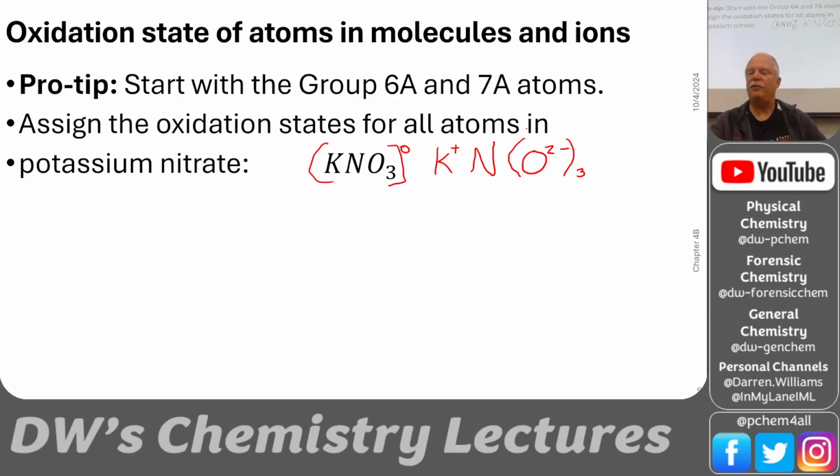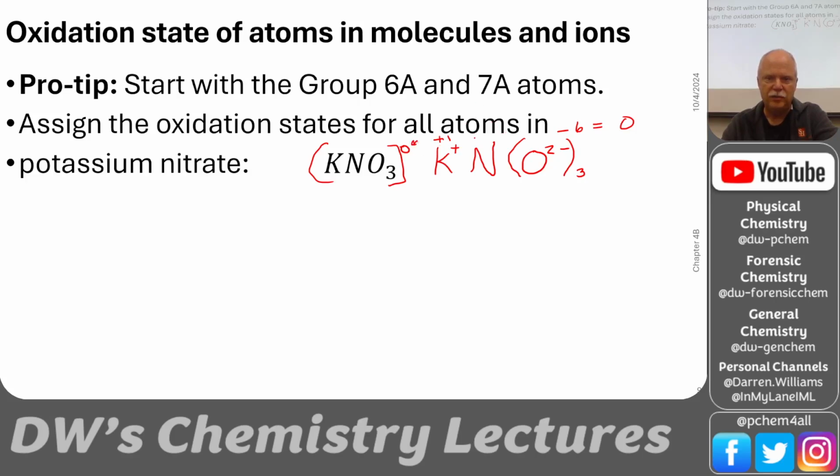Do you see what I'm saying? Let's do the oxygen first, let's do the potassium, and then let's figure out what the nitrogen is, because we're assigning oxidation numbers to every atom in the molecule. So we have a +1 and a -6. So +1 and the -6 equals 0. See this 0 right there.